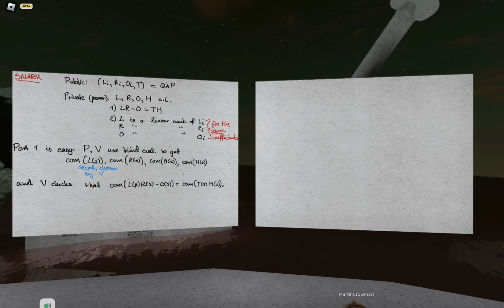The prover would have to get extremely lucky to choose polynomials that just happen to satisfy it for this one particular S and nothing else. So the prover definitely knows polynomials that satisfy this equation. Now the next question is, how do you know those polynomials have anything to do with the quadratic arithmetic program that we had in mind? How do we know that these polynomials actually do constitute a legal assignment to our arithmetic circuit? That's part 2.